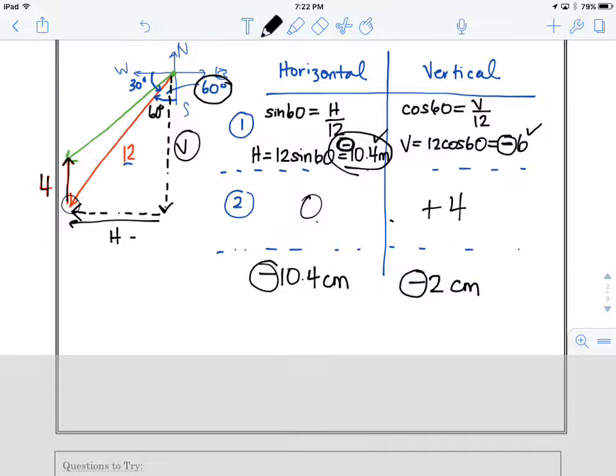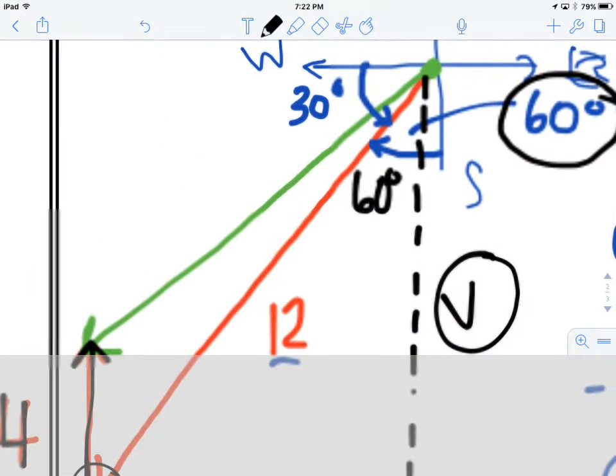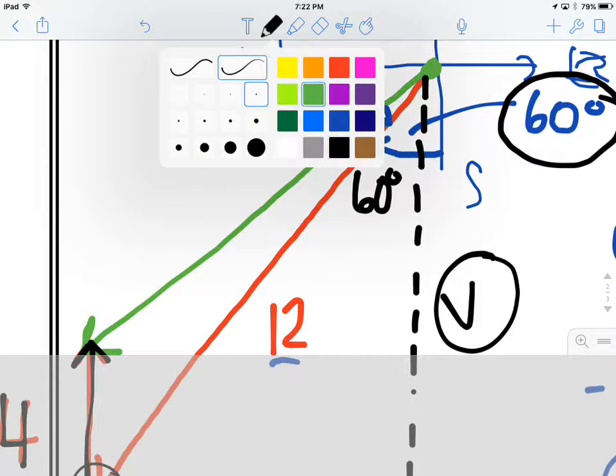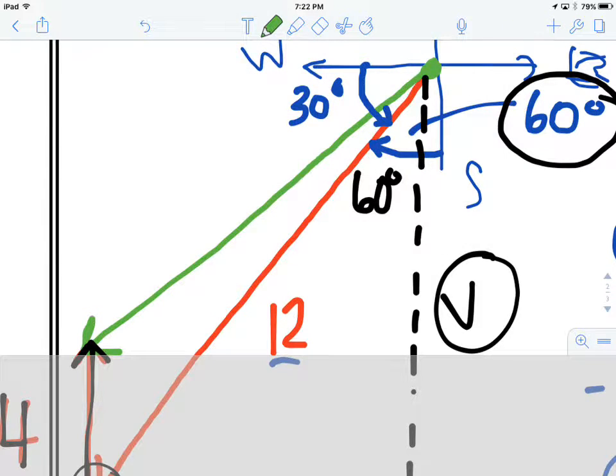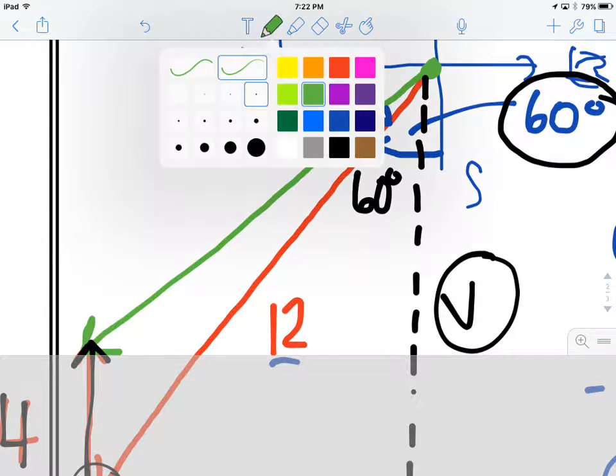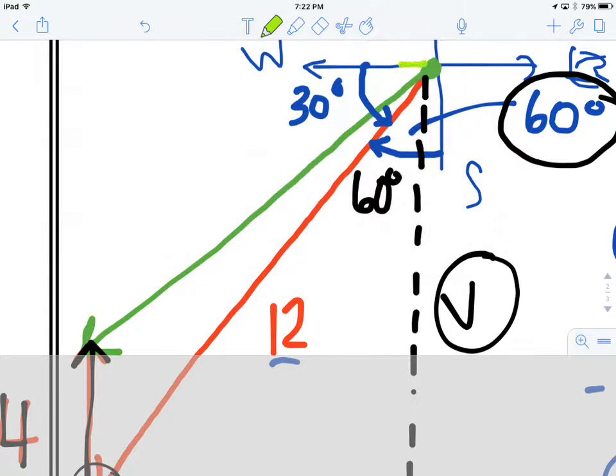And so this is telling me something really, really important about this green vector. We said that this green vector was our overall. And this is where we're going to tie the algebra back into the diagram. So here's our green vector, and we're going to use a slightly different color of green to show our components. So this is one component right here, and here's the other component right here.